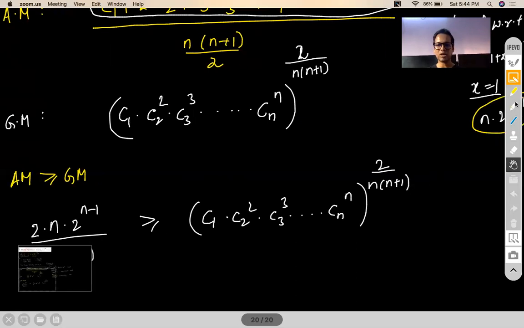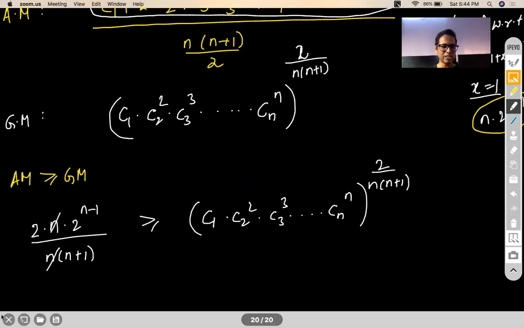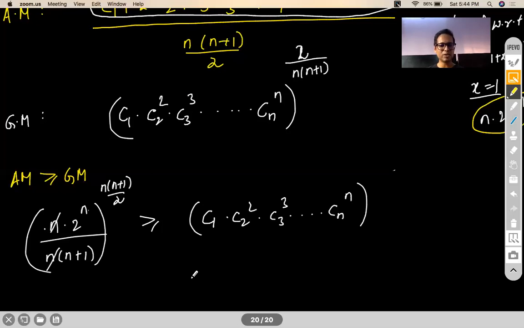Now a lot of terms will get cancelled. 2 into 2 will become 2 to the power of n. And let us bring this term to the other side, whole raised to the power n plus 1 by 2. So guys and girls, we are almost done with the question.